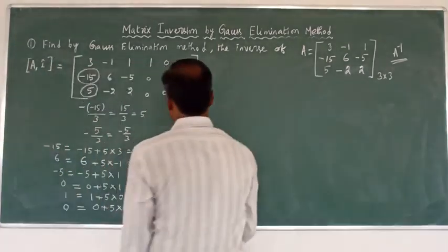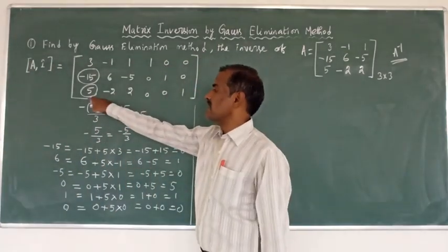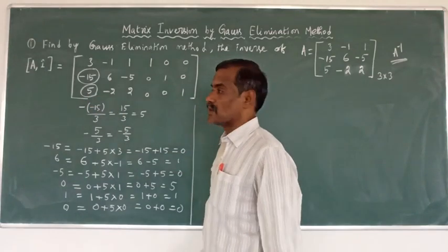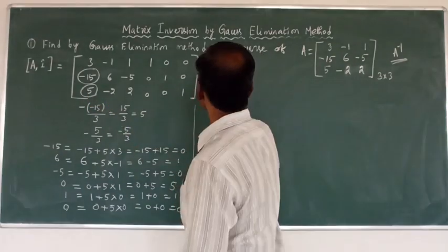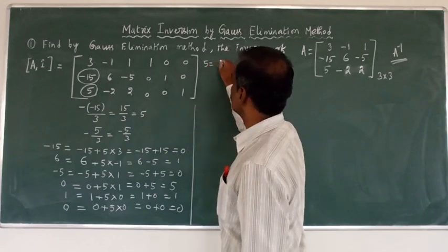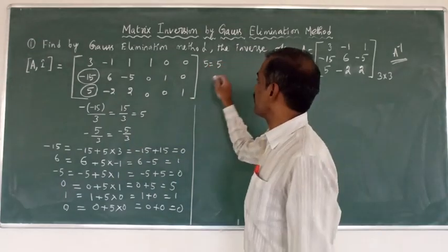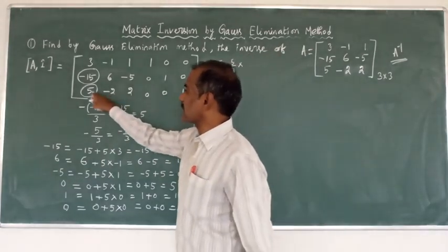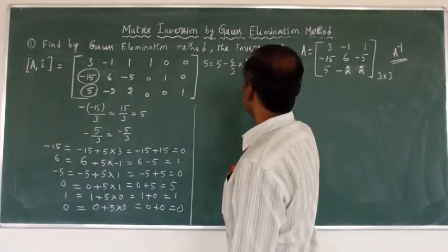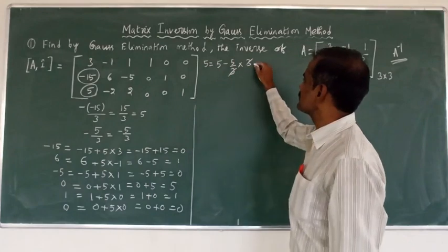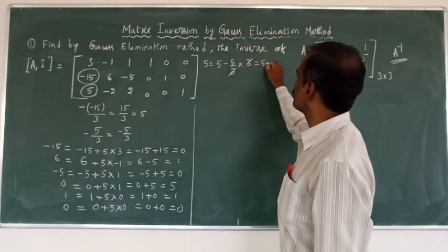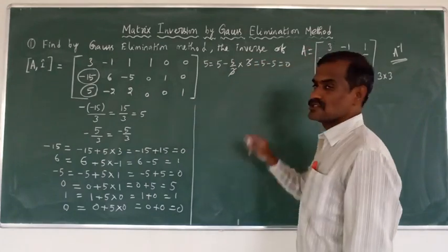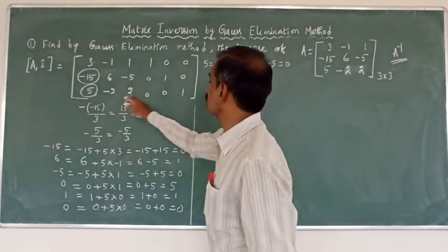Next one, to make A31 0, for that 5 equals 5 minus 5 divided by 3 into corresponding R1 value 3. Here 3 will be the answer, equals 5 minus 5 equals 0. Next, minus 2.